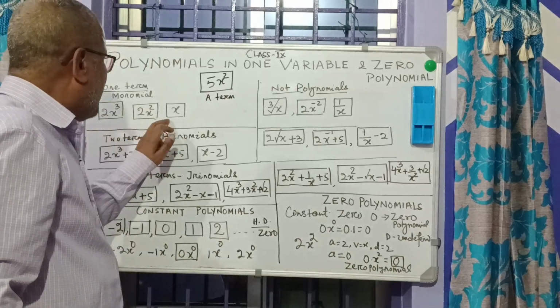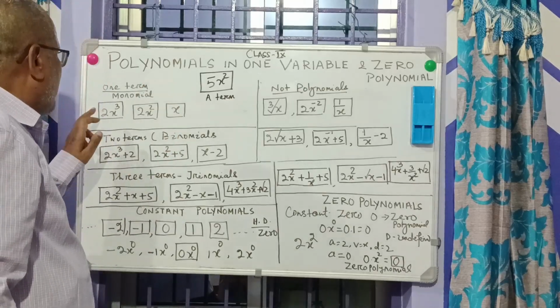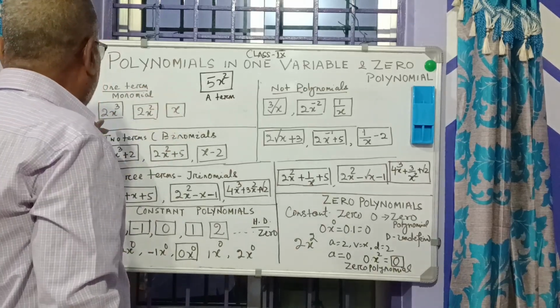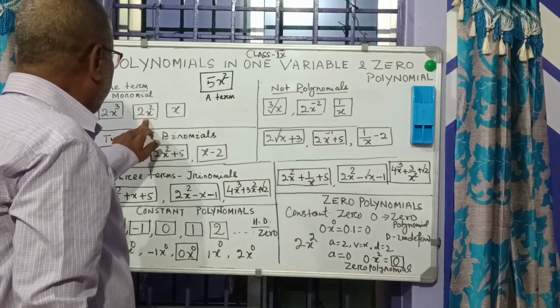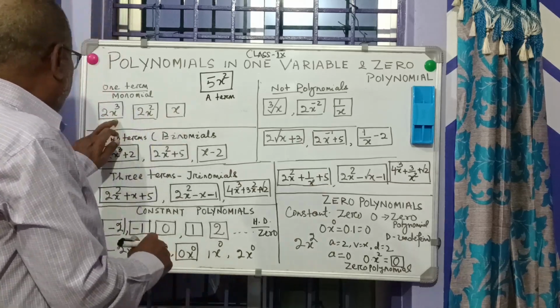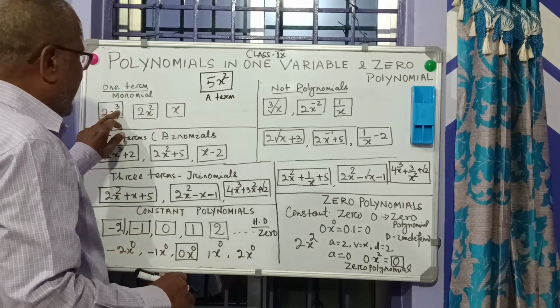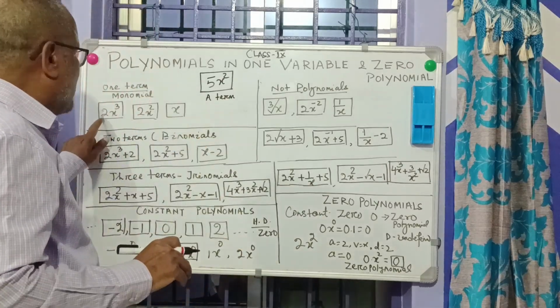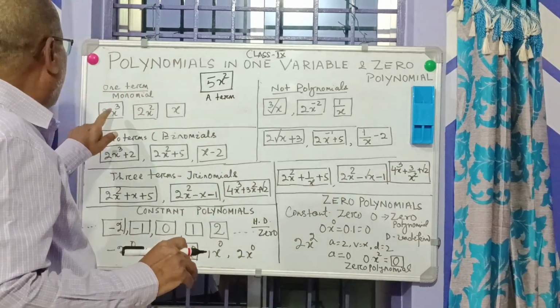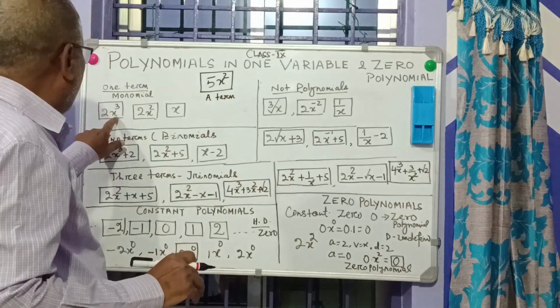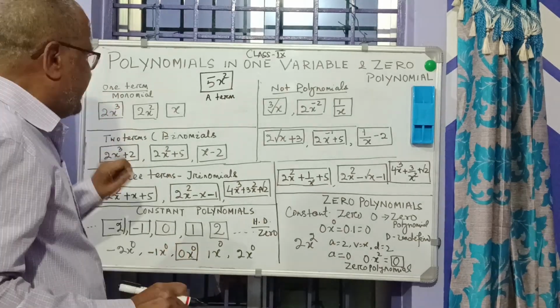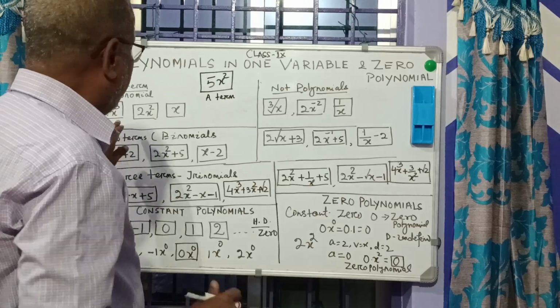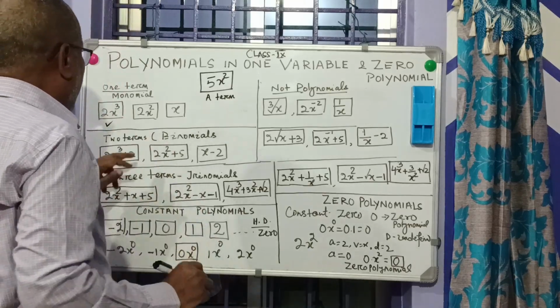All are polynomials, all are one term. Here is a term, this is a term, and this is a term. Here 2x cube satisfies the three conditions. 2 is the coefficient, x is the variable, and 3 is the exponent. So it is a polynomial.